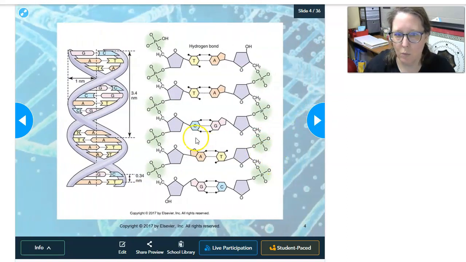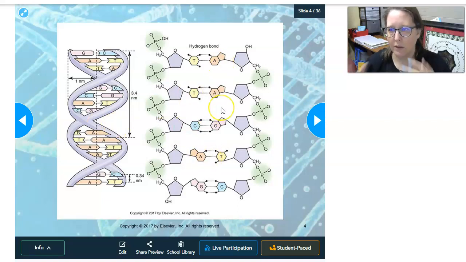So this is what it looks like. In purple, the sugar phosphate backbone is represented with the 2 strands twisting like that. They're in an anti-parallel arrangement, so one's going in one direction, the other one's going in the other direction. You can see the phosphate groups illustrated here in green, the sugar in purple, and you can see the direction by looking at where the oxygen molecule is.